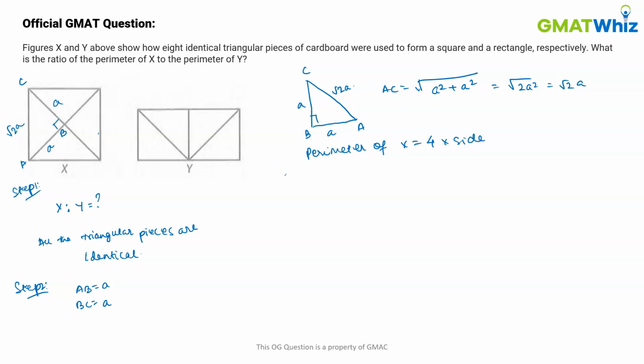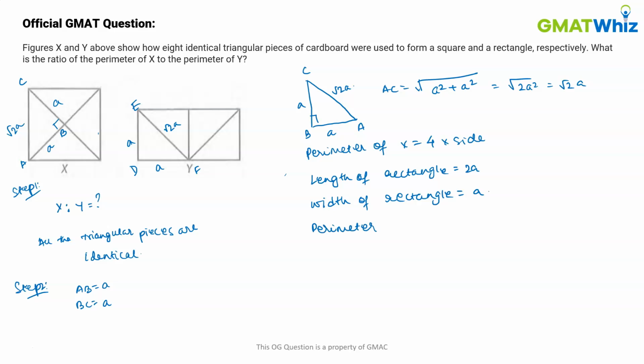Now if we use the same variables for the rectangle y, then in triangle DEF, the length of EF will be equal to root 2 A, and ED and FD will both be equal to A. So the length of the rectangle will be equal to 2 times A and the width of the rectangle will be equal to A. And the perimeter of a rectangle, that is the perimeter of y, will be given by 2 times (length plus width).